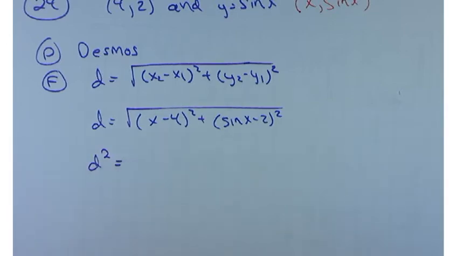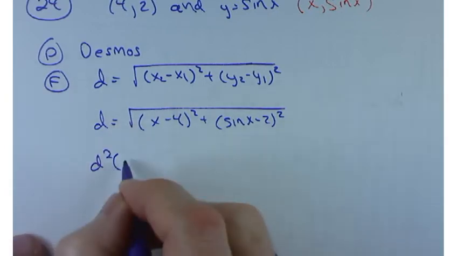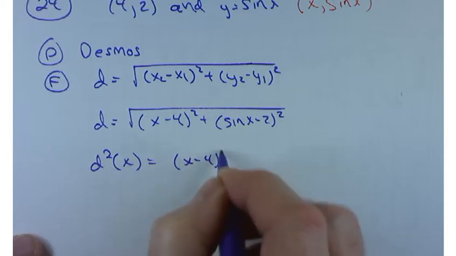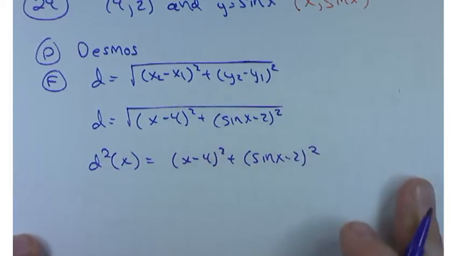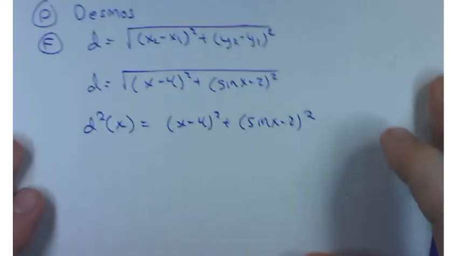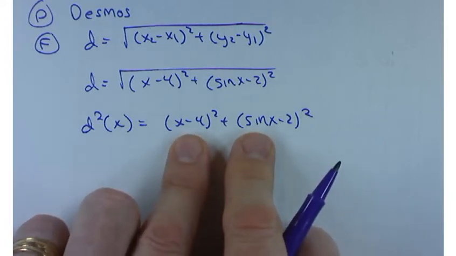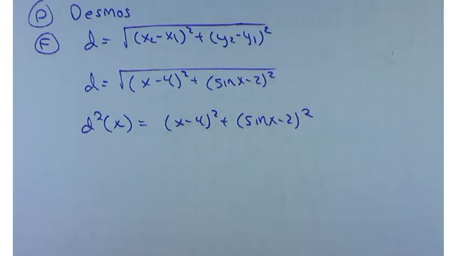We're going to square both sides of this and get d squared, which is going to be x minus 4 squared plus sine of x minus 2 squared. And, okay, this is the function that we're going to work with. We're going to minimize this distance here. It's just a lot easier than working with the square root. You'll get the same thing.